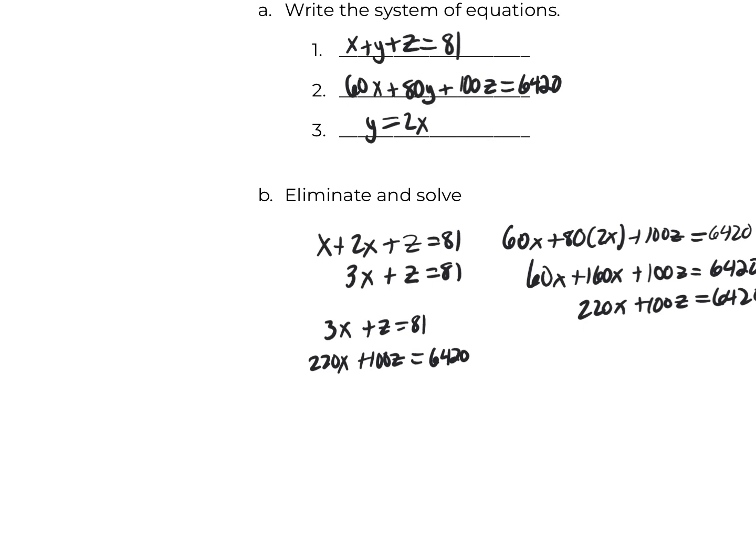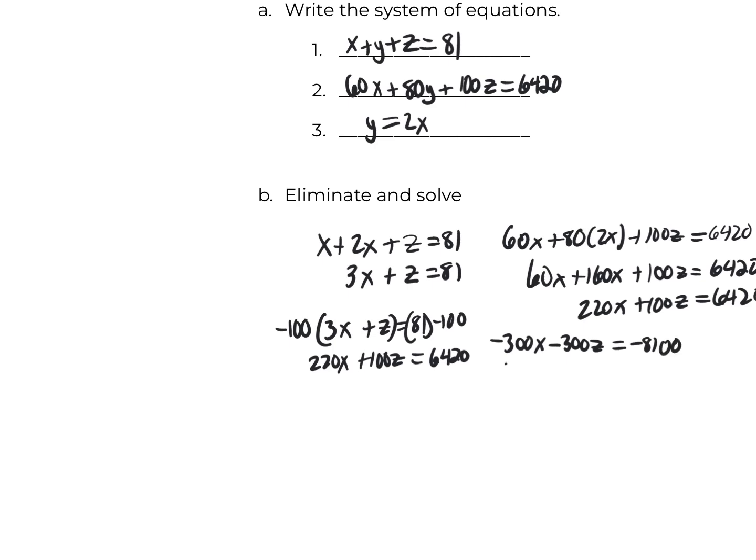So if I were to multiply this top equation here by negative 100, I would be able to create an opposite pair of z's. So negative 300x minus 100z equals negative 8100. Keep wanting to put too many ones there.